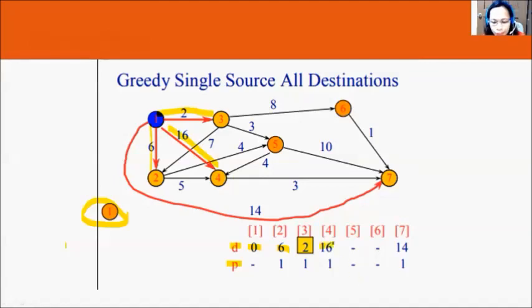That's why we have 16 here. Next, from vertex 1 to vertex 5, do we have any direct edge going to vertex 5? No. That's why we have a dash here. Next, from vertex 1 to vertex 6, do we have a direct edge? No. That's why we have a dash here. Next, from vertex 1 to vertex 7, we have a distance or length of 14.